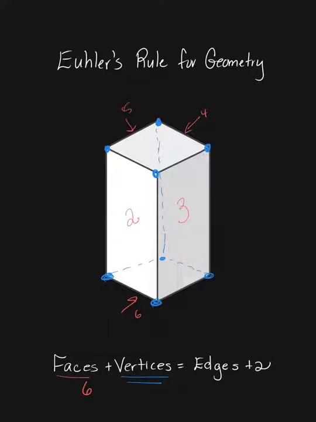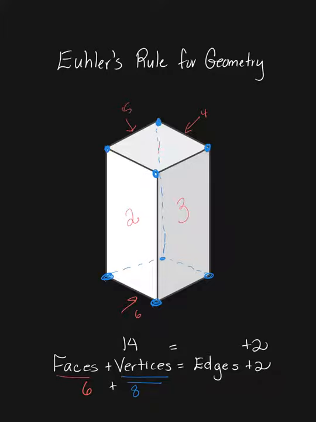Okay, that's not perfect, but it may help a little bit with the dimension. So we counted 8 vertices. So our 6 faces plus our 8 vertices is equal to 14. Now the 14 should equal the number of edges plus 2.